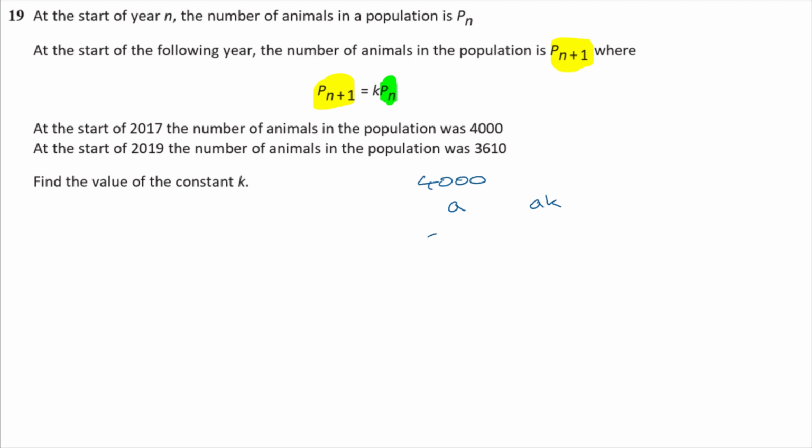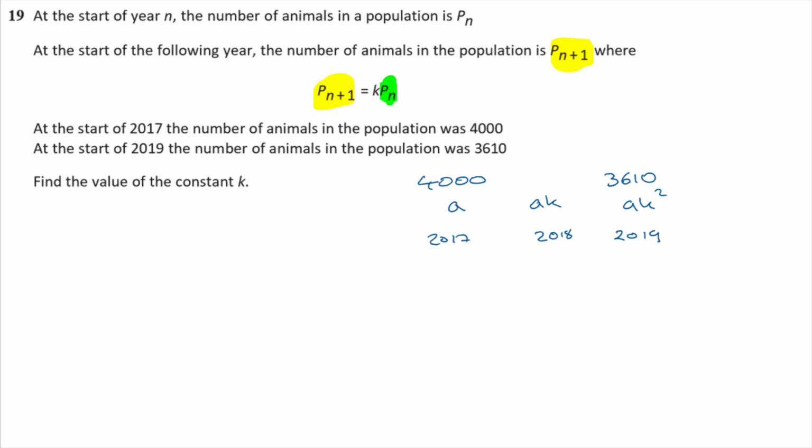That's 2017, that would be 2018. So 2019 would be ak squared then, wouldn't it? Okay, and that is equal to 3,610. So I know A is 4,000. I know ak squared is 3,610.